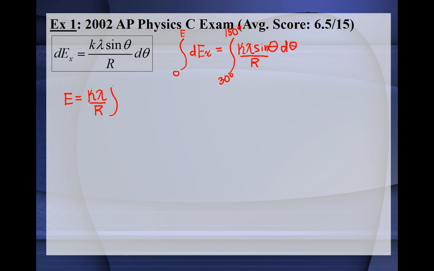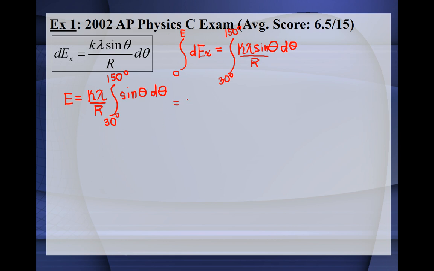And we're going to integrate that from 30 degrees to 150 degrees. We find the antiderivative of sine of theta with respect to d theta. The antiderivative of sine of theta would be negative cosine of theta.